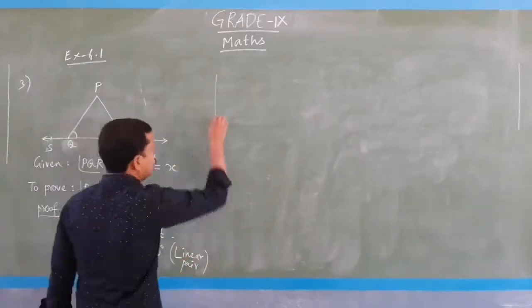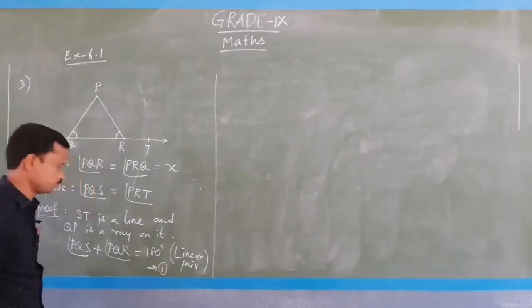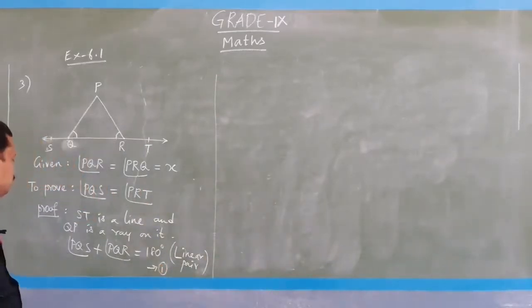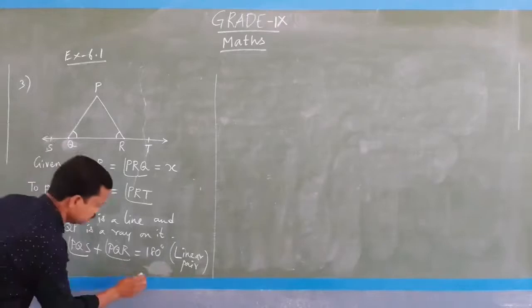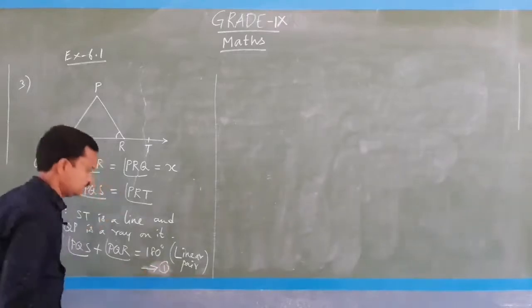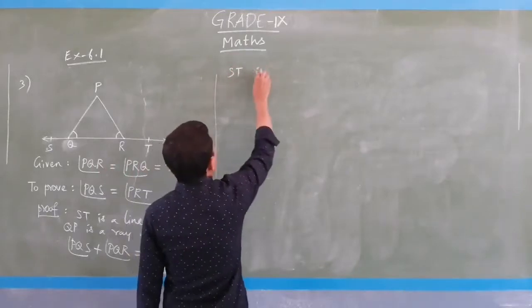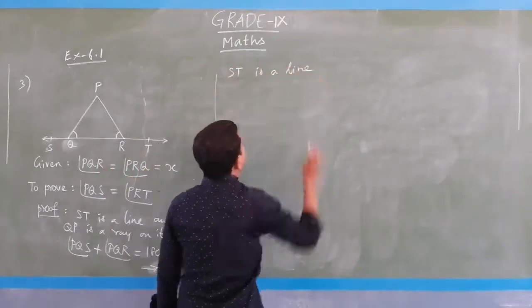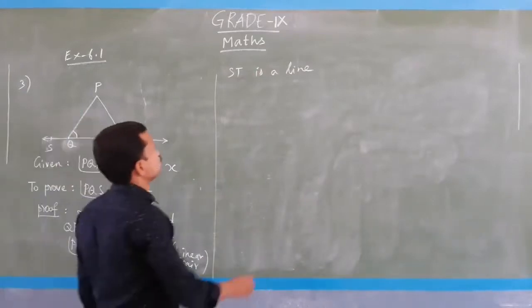Okay, and now let it be equation number 1, or you can have it in another way. Okay, let it be 1. And now the same ST is a line and RP is a ray.